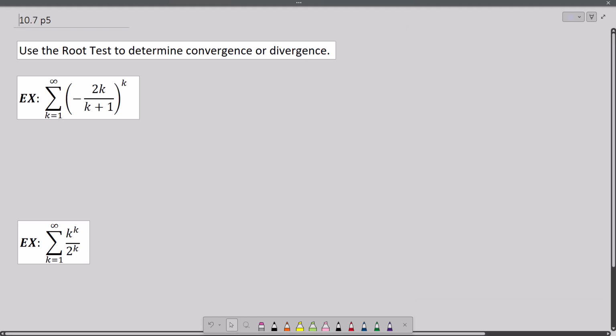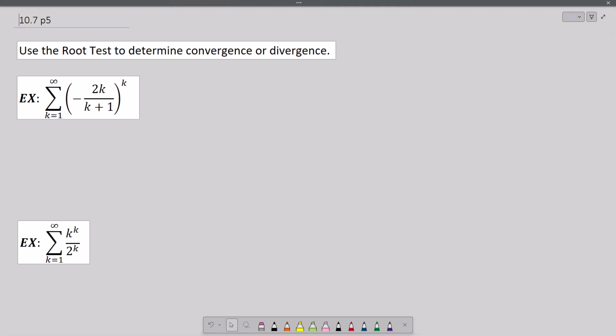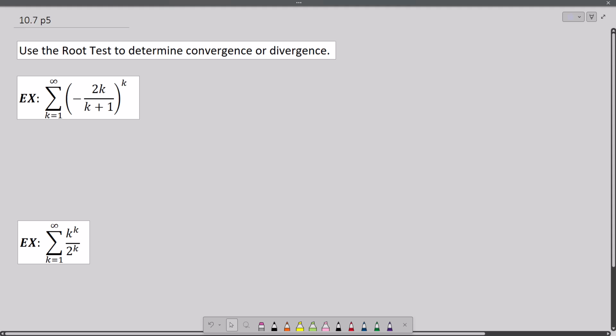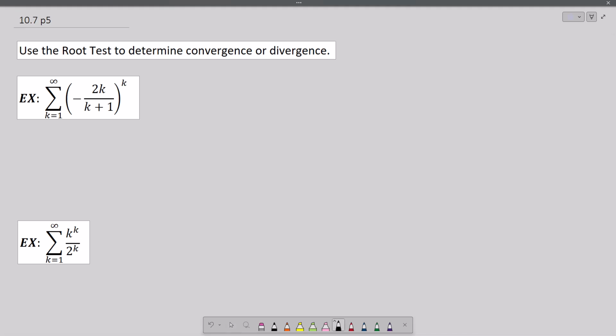When do you use the root test? When there's a big power on the outside. If there's a big power on the outside, the root test will take that thing away. So here's how the root test works. We're going to call it rho. We're taking the limit of the kth root of the absolute value of a sub k.